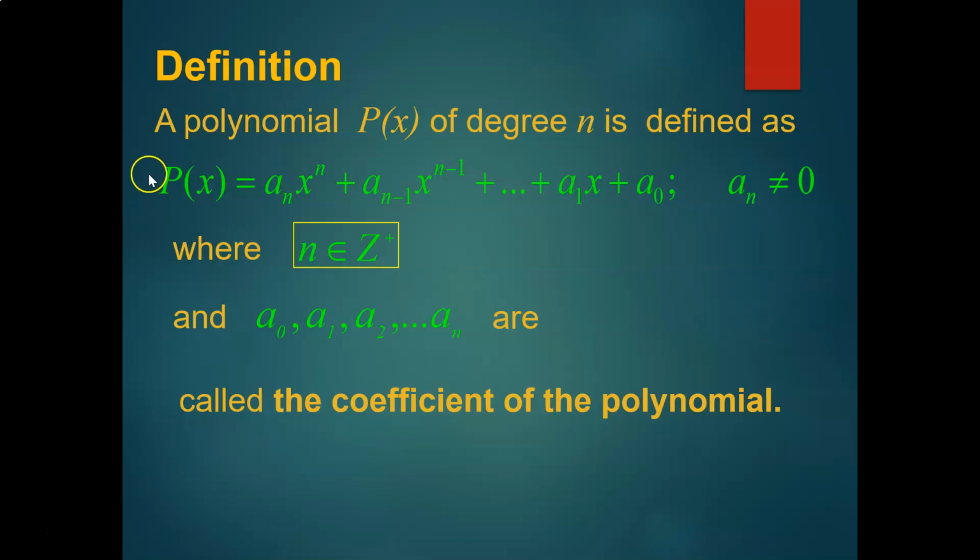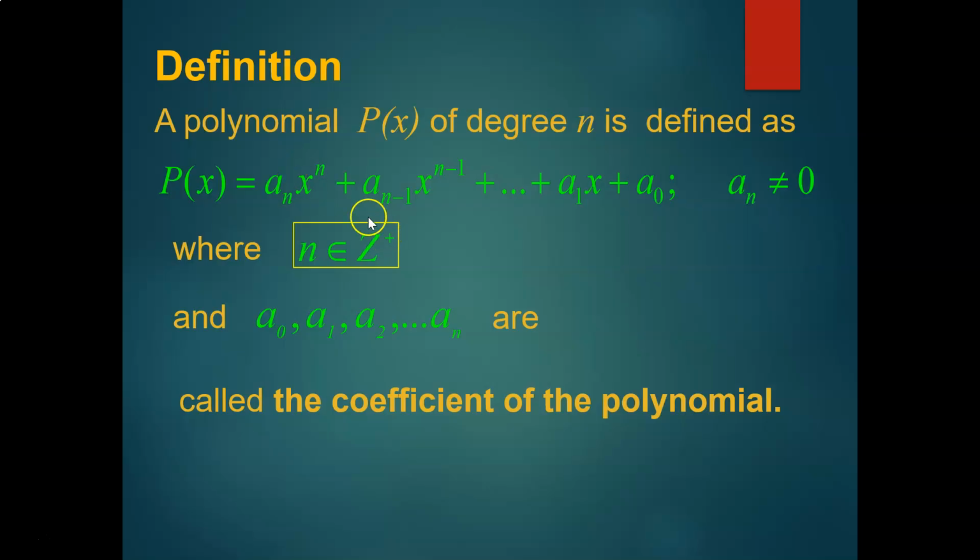Okay, so again, capital P over here denotes our polynomial. All A over here in this equation are our coefficients, perkali. Okay, and the n over here, power ni, ataupun kita panggil sebagai dia punya degree.